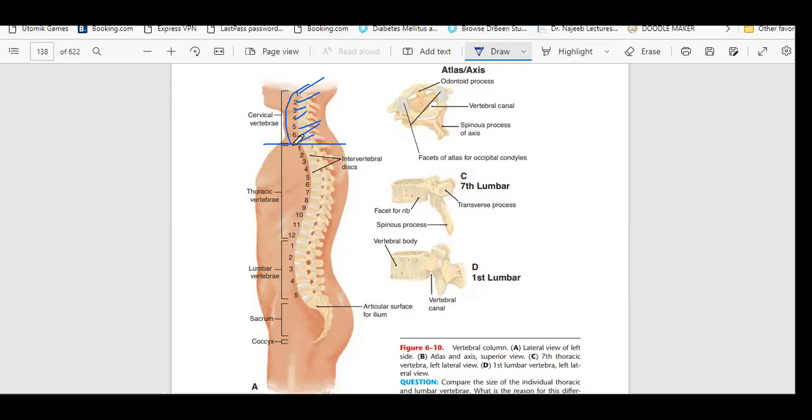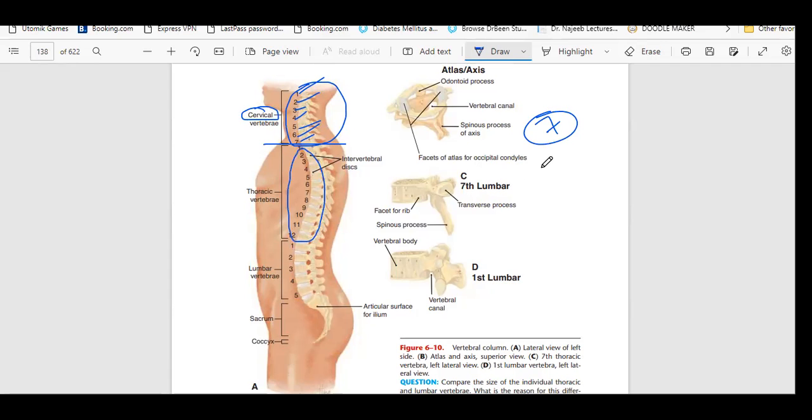These 7 bones are situated in the neck, so that's the reason we call it cervical. How many bones are there? 7 bones. And the second area is called the thoracic area.